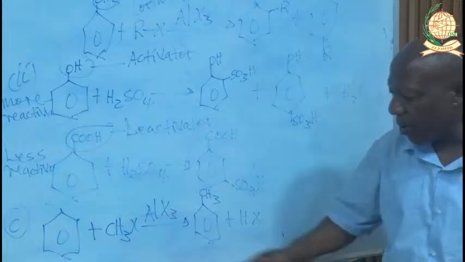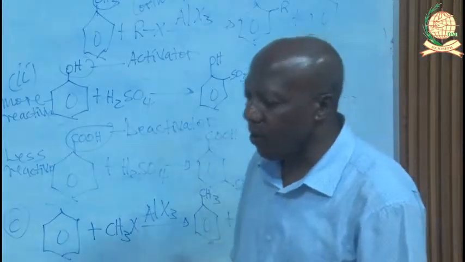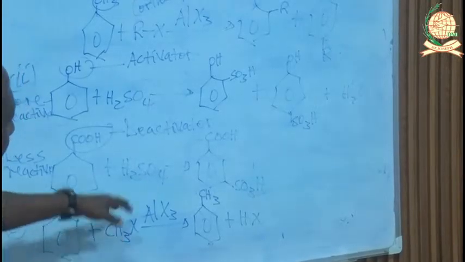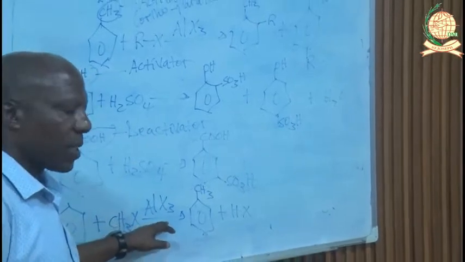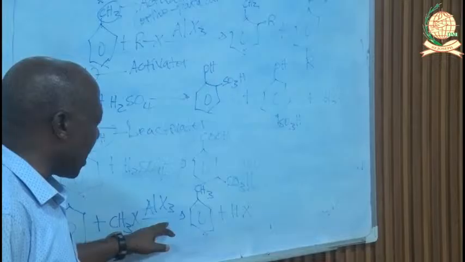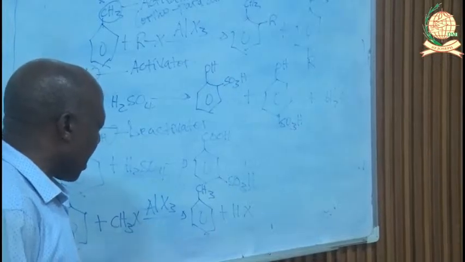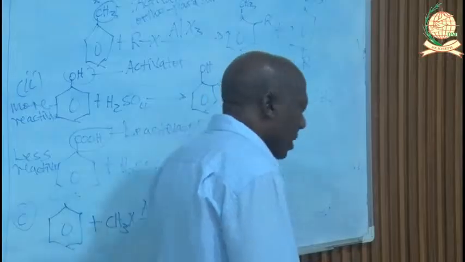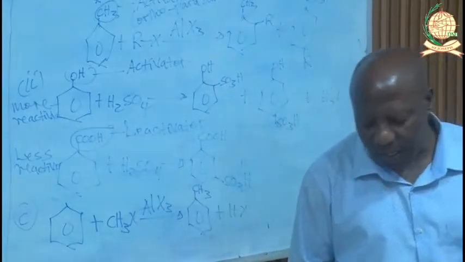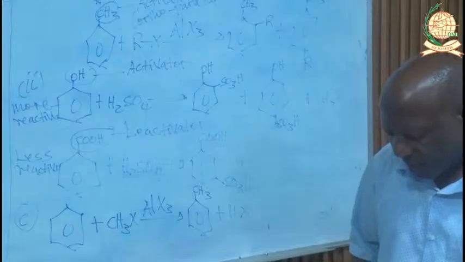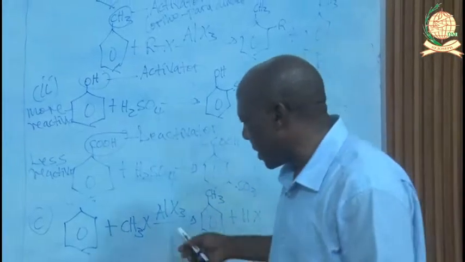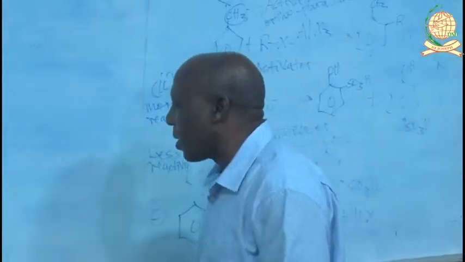So this is the pathway for the synthesis of methyl benzene. The starting material is benzene. Another reactant is methyl halide, and the condition is the presence of aluminum halide as Lewis acid. This is a catalyst, the one which plays a big role in the alkylation of the benzene ring.